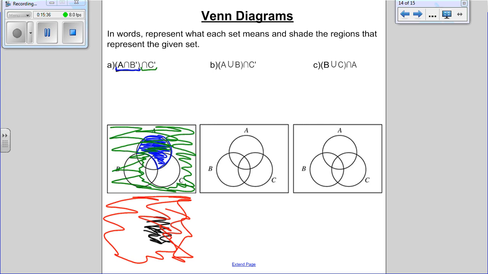It's hard to tell with this smartboard shaking. It's easier if you're doing it on a page and you have multiple colors. So it might be wise to get some pencil crayons to do some quick shading on the tests and quizzes that you're going to get. So where does the green intersect the blue? Yeah, it's most of A. It's like this awkward little shape. So it looks like this.